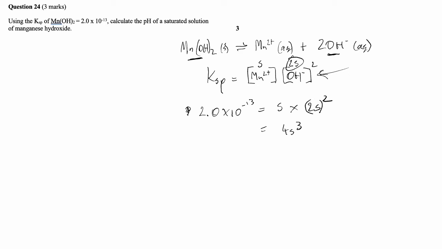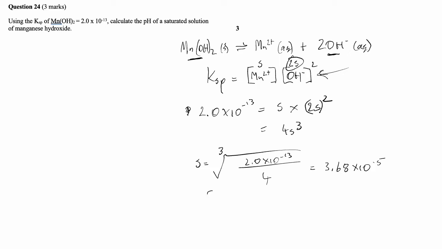So we're getting somewhere. S is equal to the cube root of 2.0 times 10 to the negative 13 over 4, which is 3.68 times 10 to the negative 5. So that is the concentration of manganese ions. 2 times that, 2S, is our concentration of hydroxide.